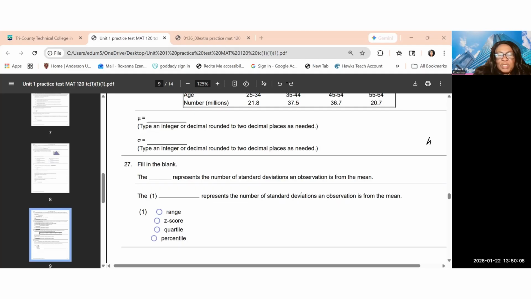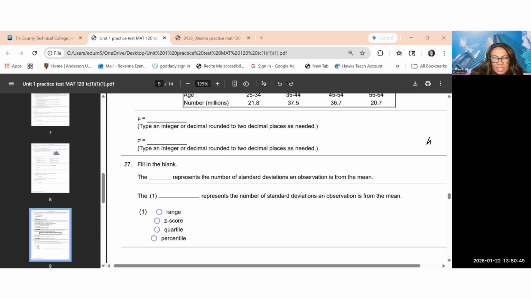What is the probability that you pick somebody at random in that population and the person is aged between 35 and 44? So the probability is 37.5 divided by 116.7. What is the probability that if you pick someone at random in that community, the person is aged between 45 and 54? It is 36.7 divided by 116.7.